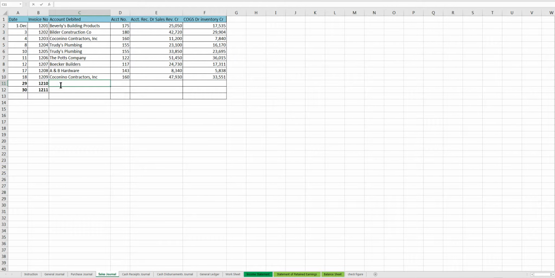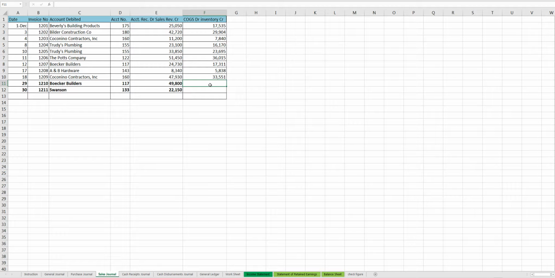Okay, we're going to record our customer name and their customer account number, which is available in the instructions. And then we're going to debit accounts receivable and credit sales. And right here in this column, we're going to record the second journal entry for sales, which is the inventory cost. We debit cost of goods sold and we credit inventories.